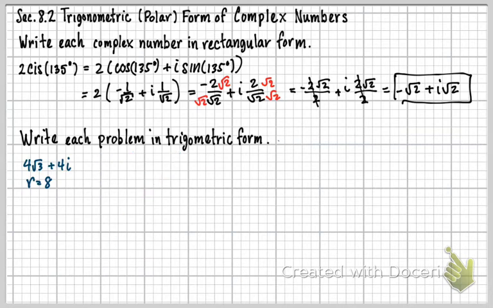So for finding theta, I always like to graph it, and the reason why I like to graph it is because it tells me what quadrant I'm in. Now, I'm definitely going to use that tan inverse, so that doesn't change. It's still going to be tan of theta equals, and again, it's going to be the y over x. So that's going to be equals 4 over 4 square root of 3.